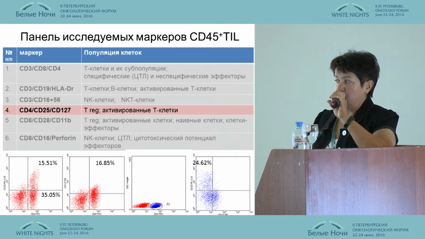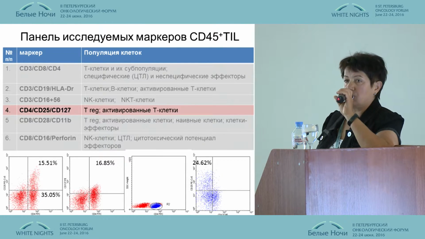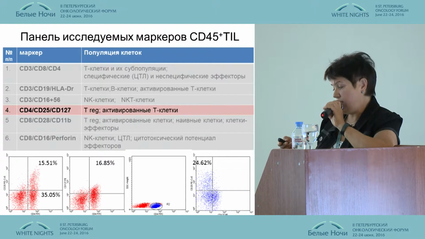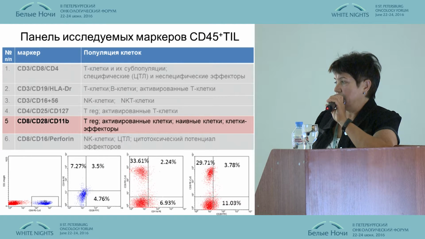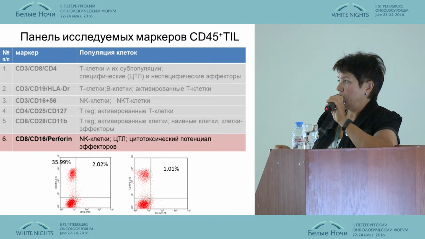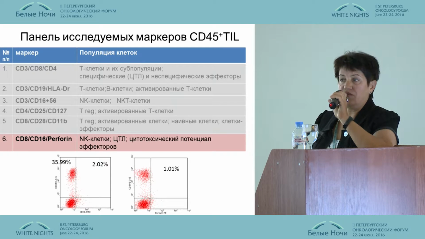Regulatory CD4 lymphocytes. There is a certain number of them that are activated, and then we looked at the co-expression of CD25 and CD127 on the membrane, and activation of lymphocytes with co-expression of CD28, and so many other populations.